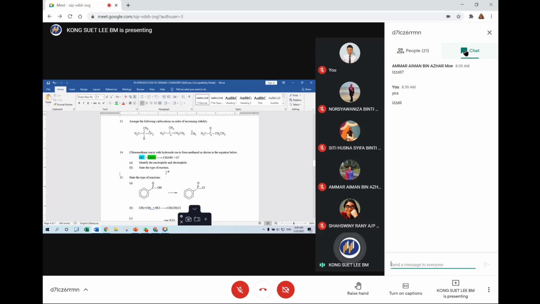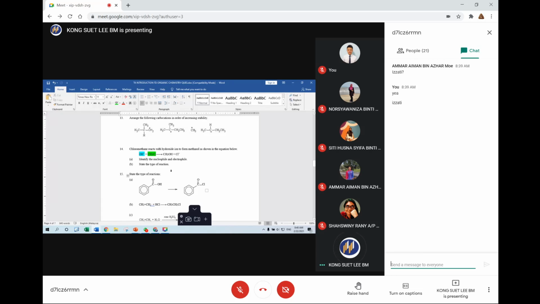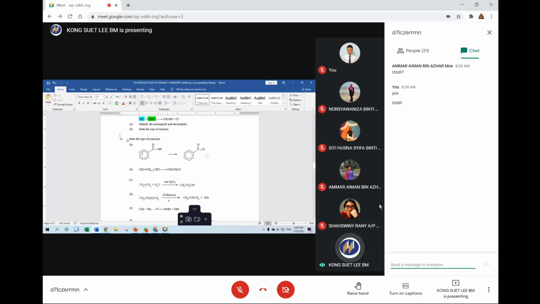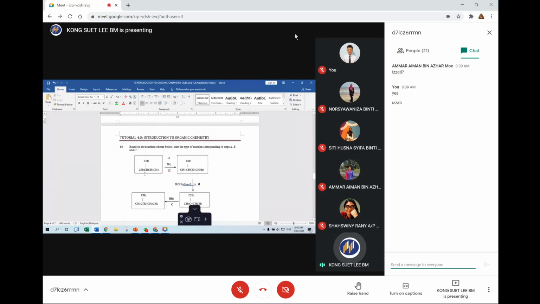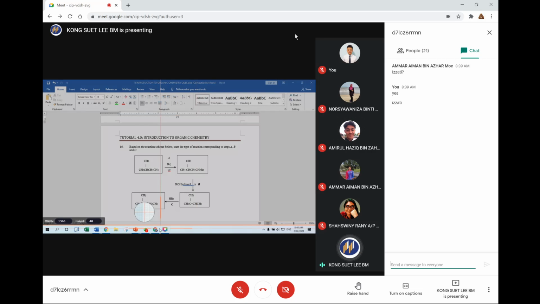And then state the type of reaction. Question 15, identify the type of reaction. Same for question 16, identify the type of reaction. So you must know how to identify the type of reaction. So are you ready? Yes, madam. So now we go for the last part.